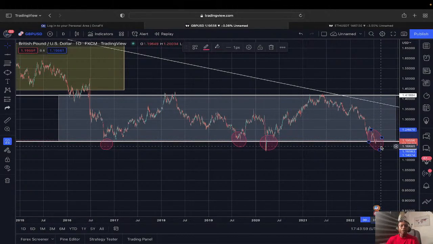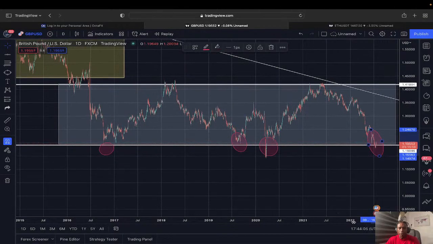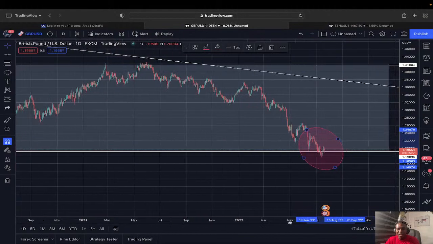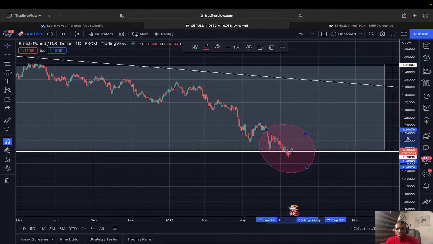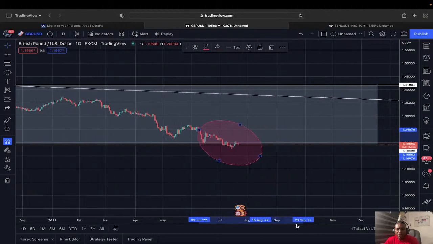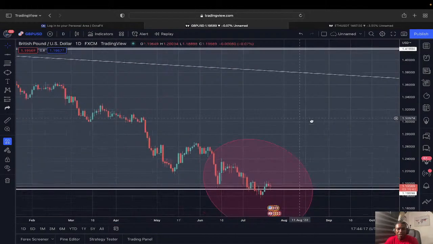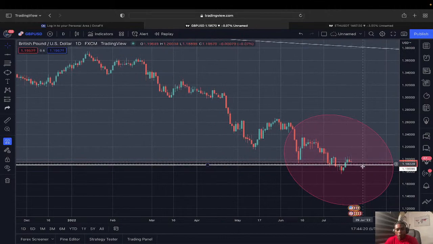The fifth touch might just be the area where price would break out. So we are to watch after this level where we have the fifth touch. There is a higher probability that price would break down below and the downward trend would continue.